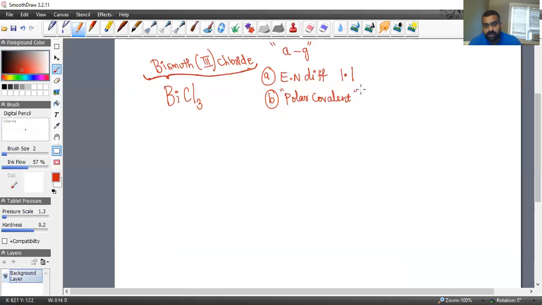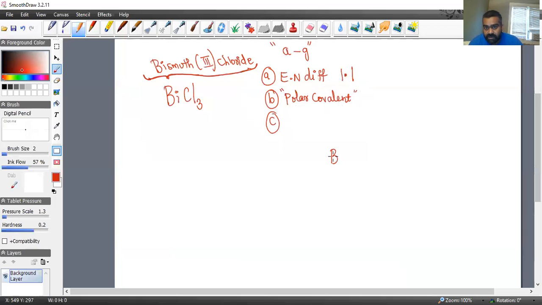But you may ask me, hey, you said bismuth is metal, so shouldn't it be ionic? Well, it's not purely full metal. It's 60, 70 metal, and the 30 is not metal, which is what led to that low value of 1.1 and it's polar covalent. All right, let's draw the electron structure.